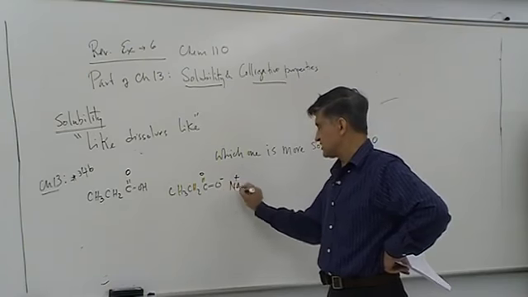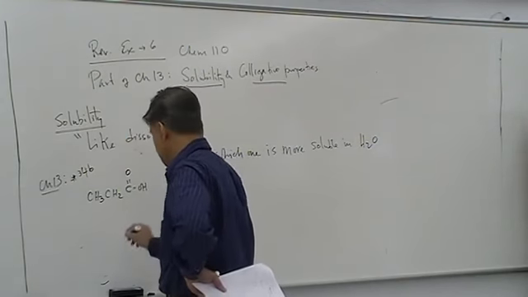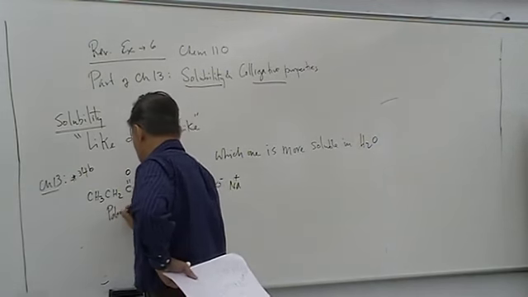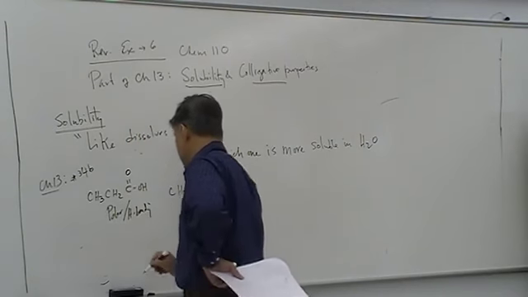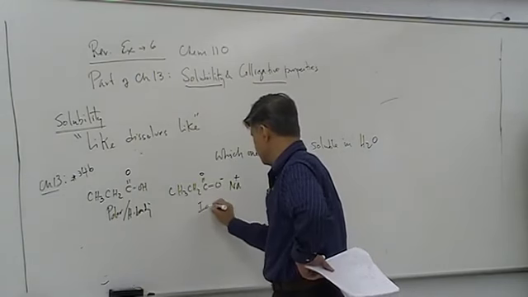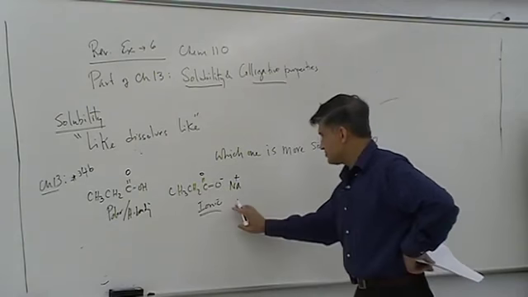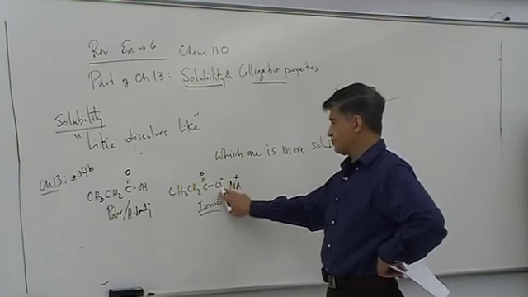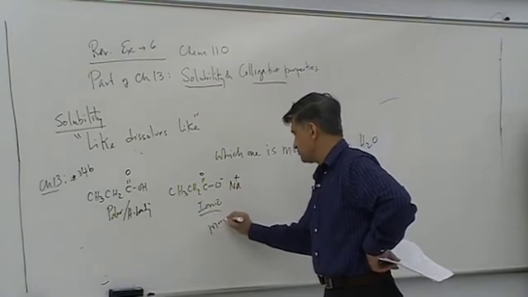So I wrote down like this, and this is polar and hydrogen bonding. So you'd also expect this to be soluble, but this is more soluble. This is ionic. You can see that there's a bigger polarity difference in an ionic compound. So this would be more soluble in water.